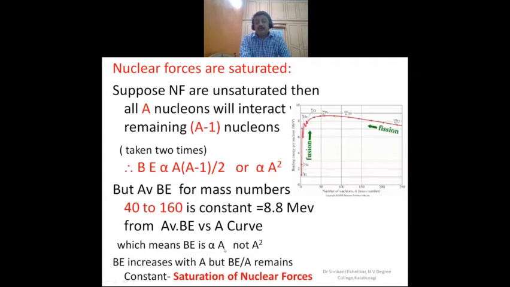If it were unsaturated, it should have been A square, but it is A. It means that nuclear forces are saturated. So this is how you should interpret it.